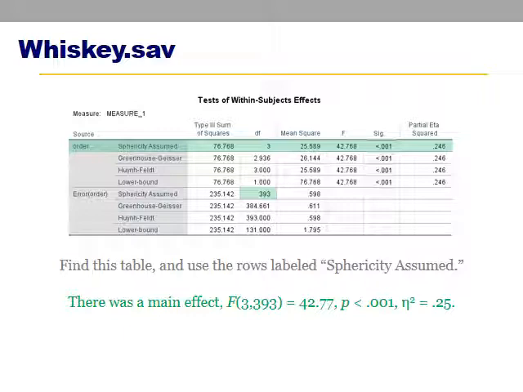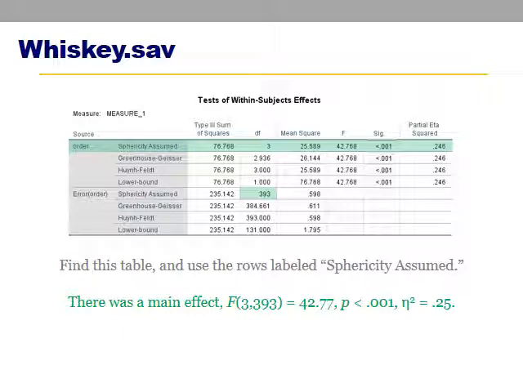So when we write up our answer, we'll include both of those degrees of freedom values in parentheses next to the letter F. The most important number here, of course, is going to be our p-value, which in this case is very small, less than 0.001, which tells us that we did in fact find a main effect.